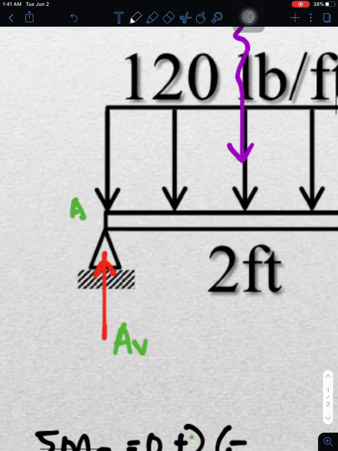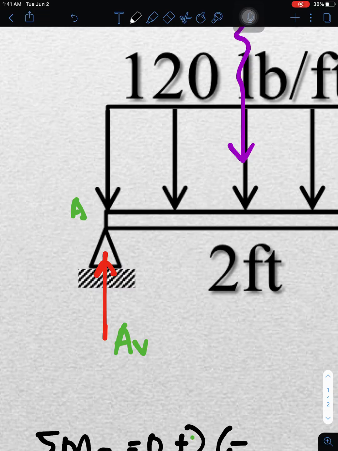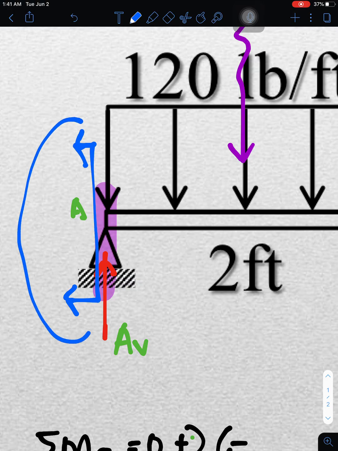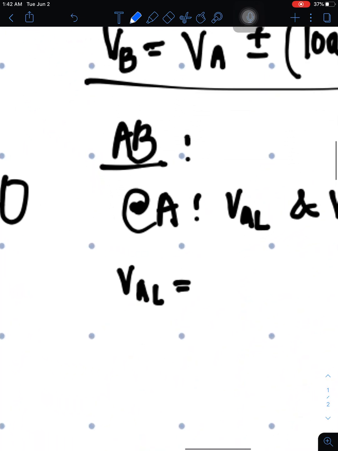What is the value of our shear left of A? Let's look here. If this is our point A, this portion here represents the left of A. As you can see, there is no load there. So therefore, the shear left of A should be 0.